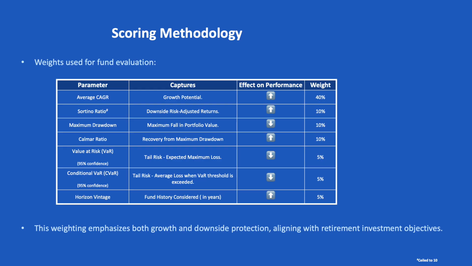Allocated 5% weight to each of these. And the last metric that I used to compare is the horizon vintage. This indicates the survival of the fund or the age of the fund indirectly. The higher the vintage, the better is the fund performance. And I've allocated a weight of 5% for this.